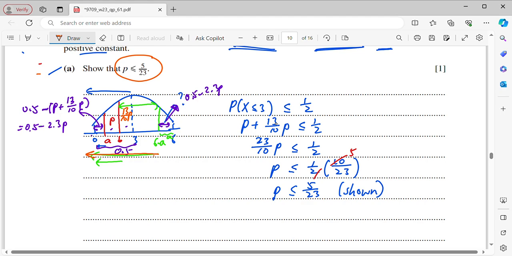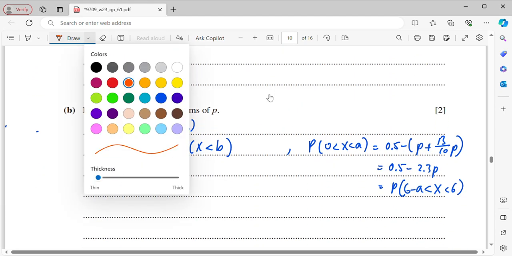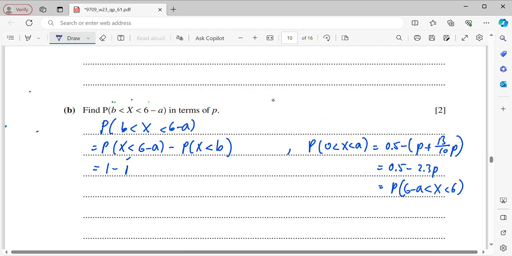This probability is the same as 1 minus this part, so I write 1 minus P(x between 6 minus a and 6). That is my first probability. And then minus P(x less than b).